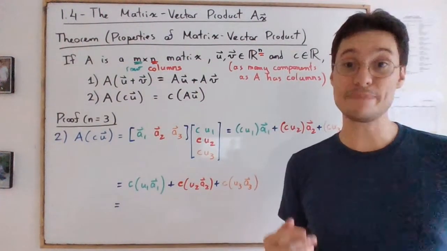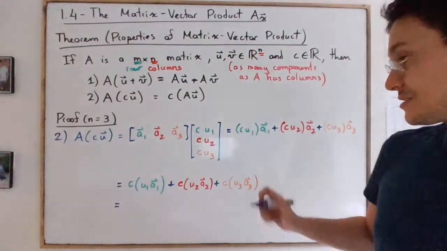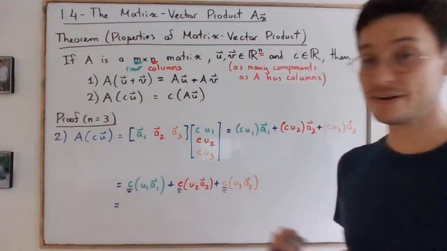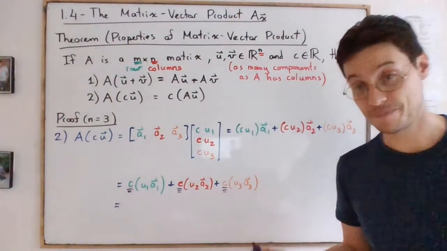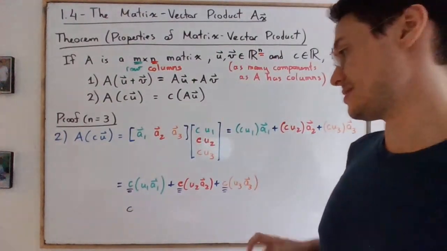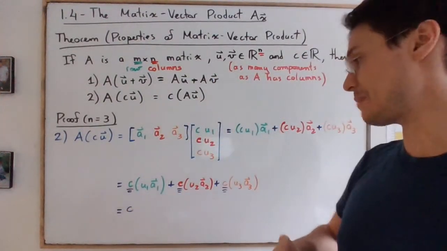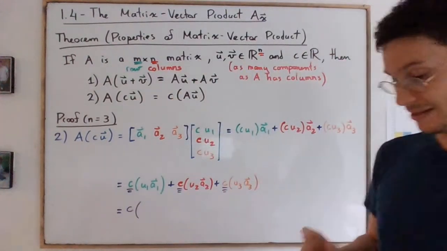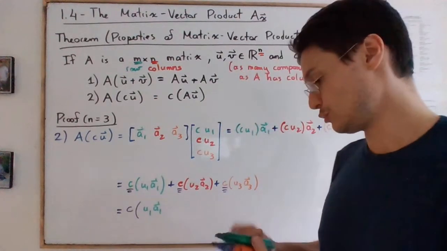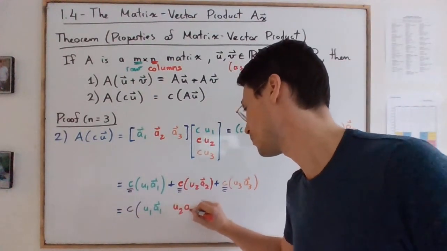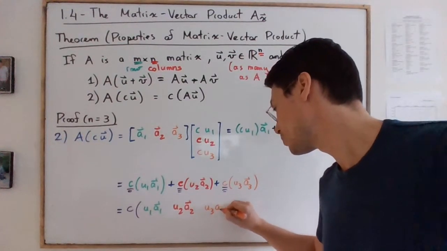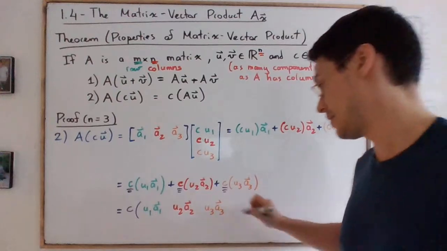Now this is where it becomes really important. As you can see, this number c is a common factor, meaning you can take it out. So it's going to be c multiplied by, in big brackets, what's left in each of them: u1 a1, u2 a2, and u3 a3.